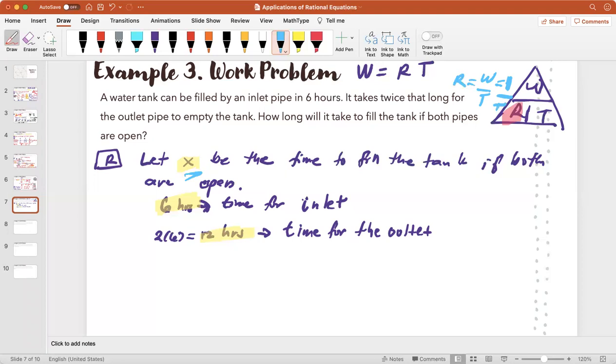So the rates will be 1 over x, 1 over 6, 1 over 12. 1 over x is the rate for both. 1 over 6 is the rate for the inlet.